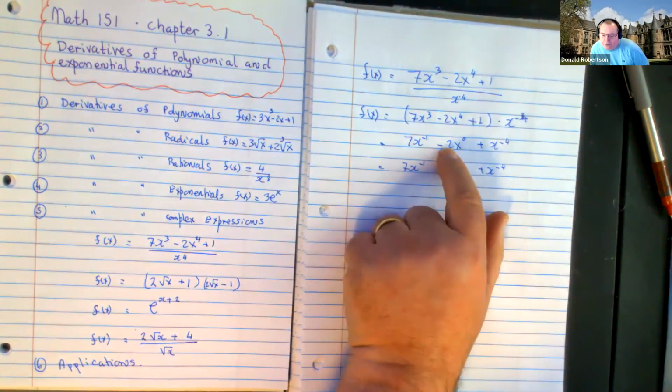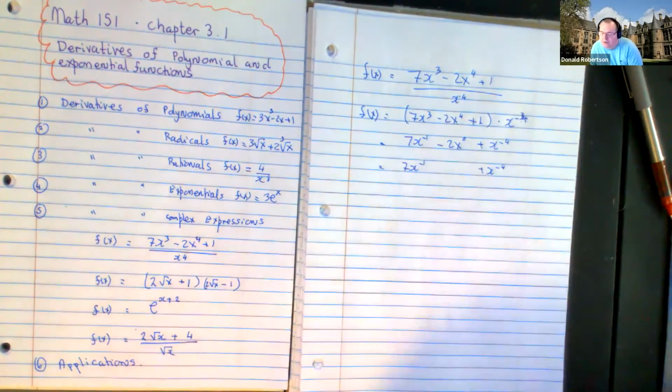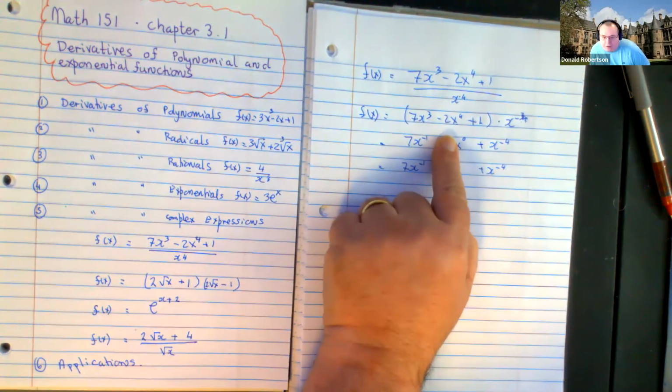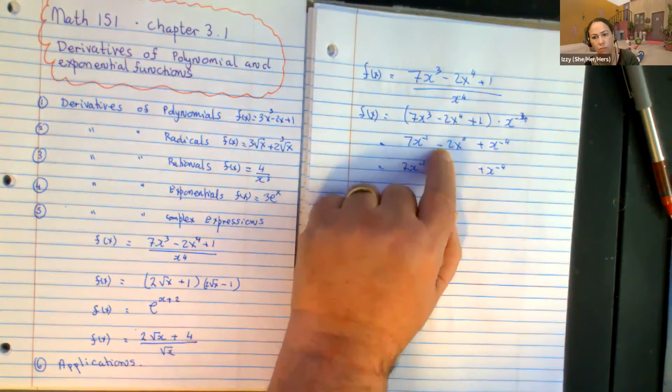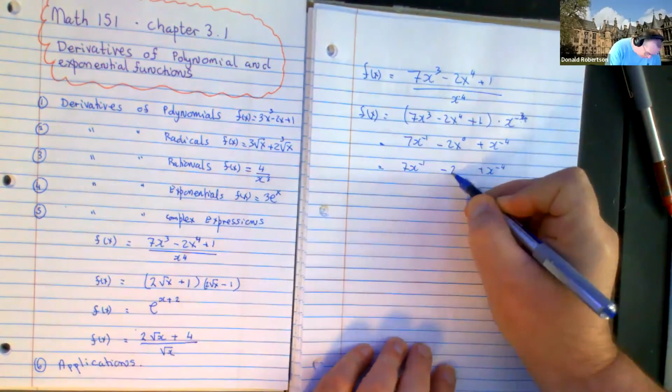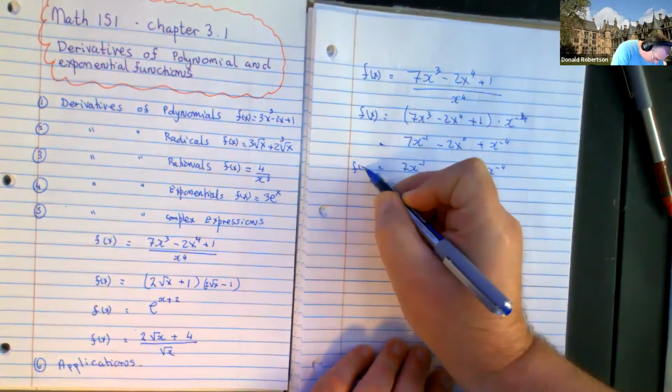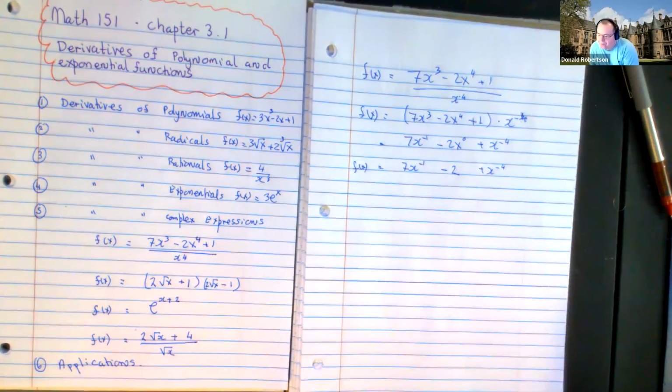What is negative 2x to the power of 0 the same thing as? Well, let's think of it this way. What's x to the 0? What's that worth? Just 1? Right, so isn't that just negative 2? You comfortable with that now?